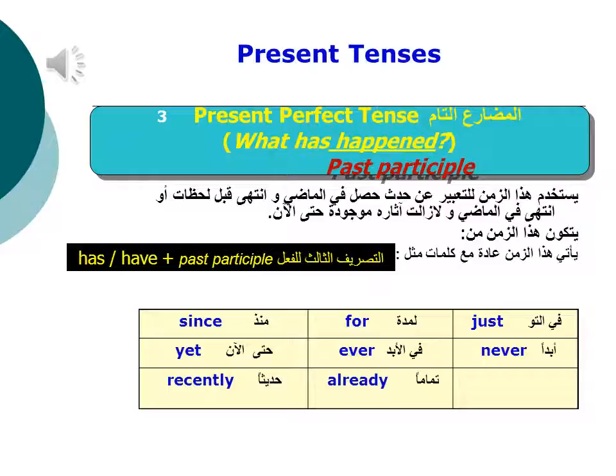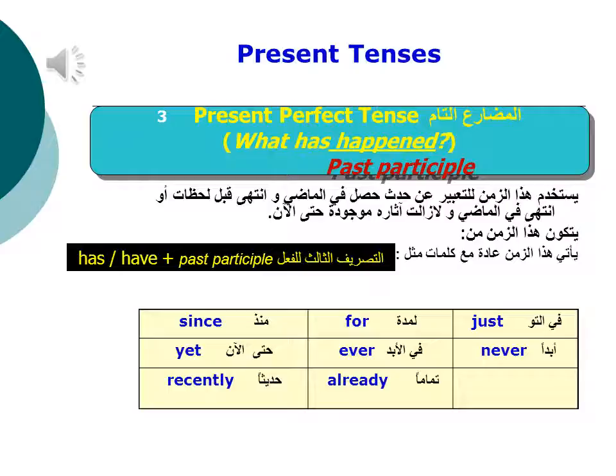Now the present perfect tense is used to talk about: A. Recent actions or events when no fixed time, and I emphasize no fixed time, is given. For example, news reports.